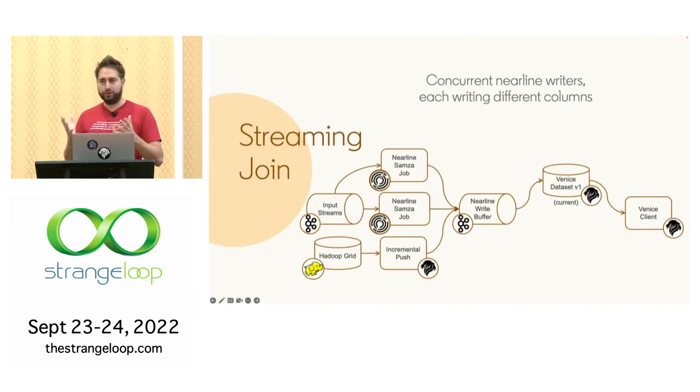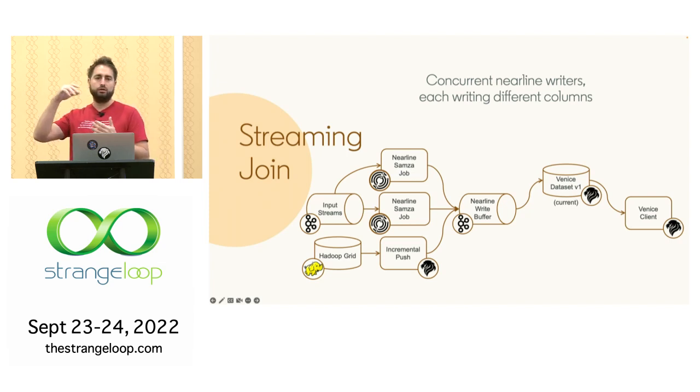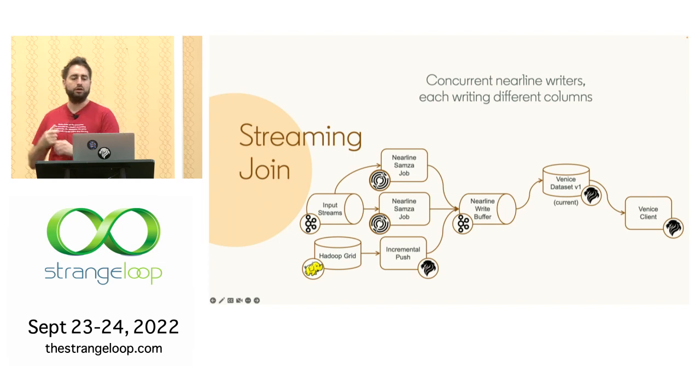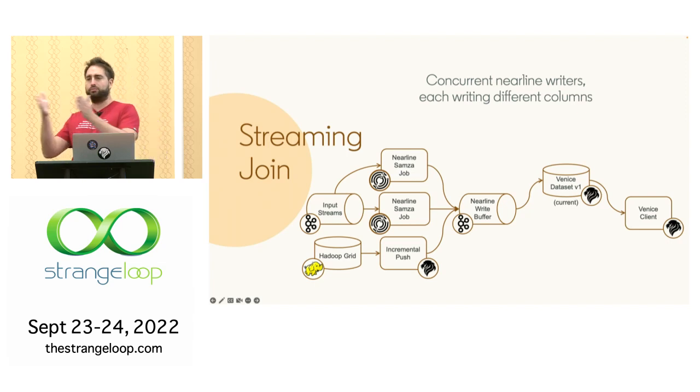So there are a few motivations for having this in Venice. One of them is when you have concurrent nearline writers. I mentioned earlier some of our users like to have multiple data sources get unioned inside Venice. But with partial updates, you can have different data sources, each contributing different columns of the data set.